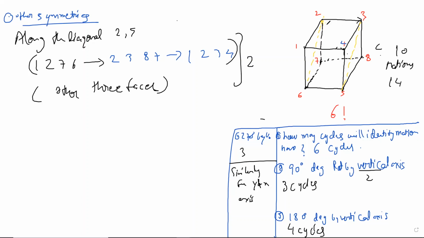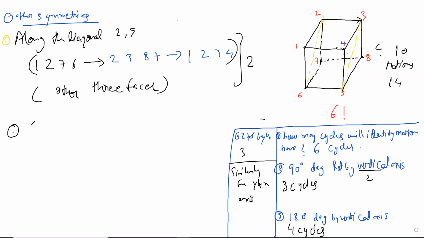So you take the plane 2, 3, 5, 6, and you reflect about this. Is that right? Yeah. So in this way, you will get the other symmetry. So let's just do this.